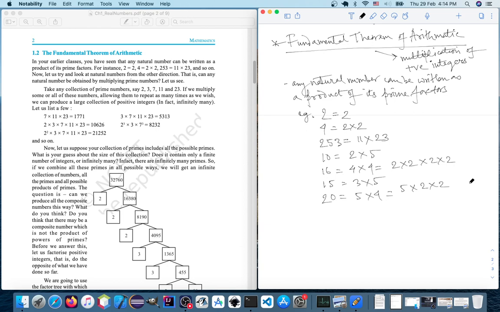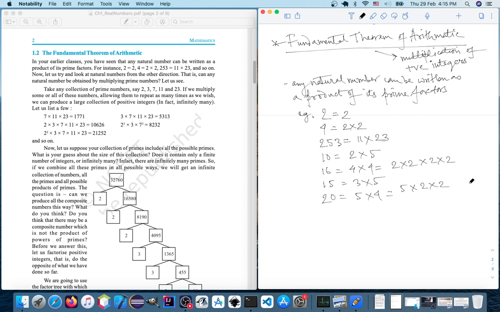Now the question it asks is, can we produce a natural number by multiplying some prime numbers? By multiplying some prime numbers, can we generate or create all natural numbers?